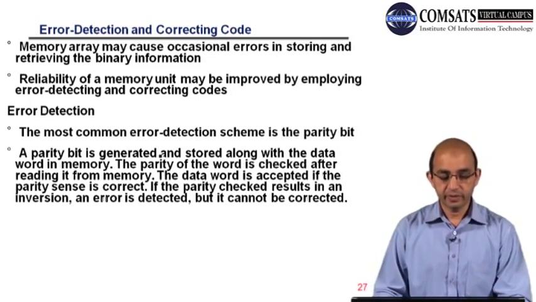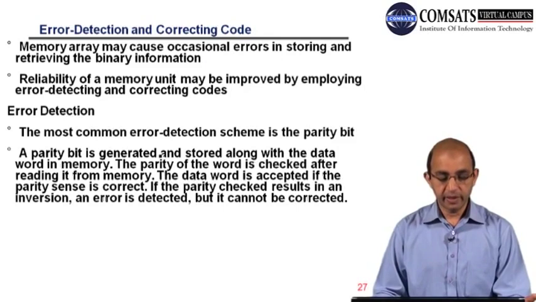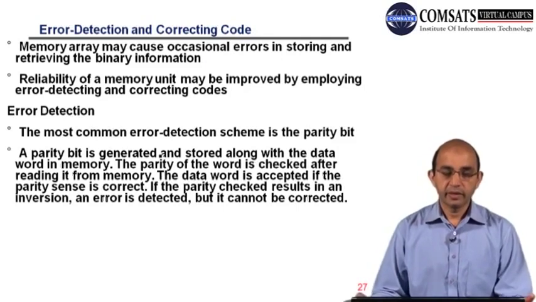There are certain schemes which we can use. The most common scheme that has been used is the parity bit. What we normally do is generate the parity bit and store it alongside the data in the memory.